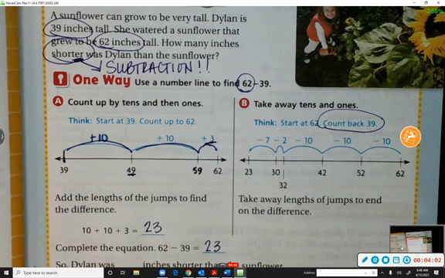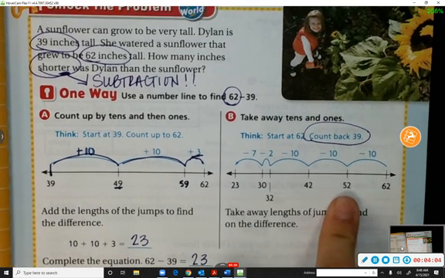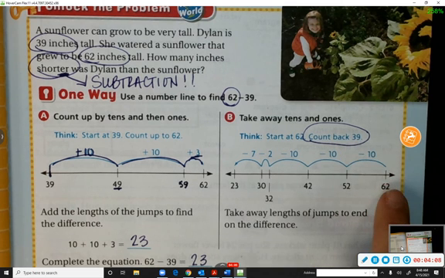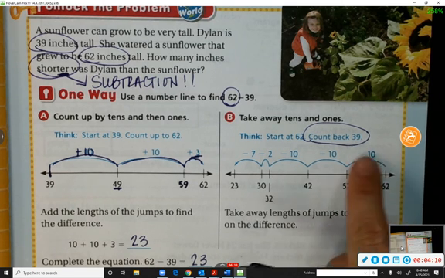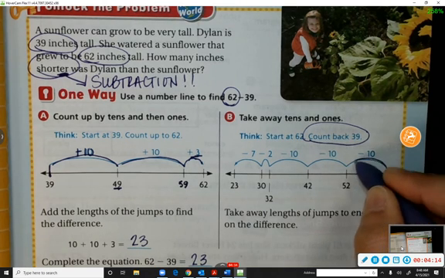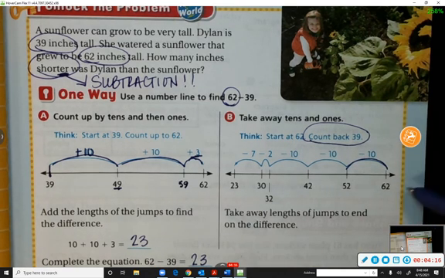Okay, another way is to actually take away the jumps. I'm taking away 39, so I'm going to start at 62 and count backwards 39. So here's a jump of 10. What's 62 minus 10? 52. So you've got to be able to take away in your head.